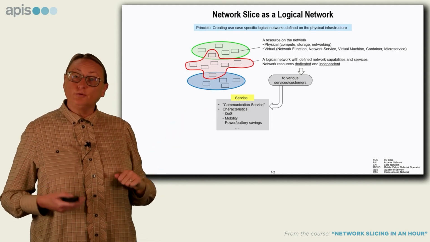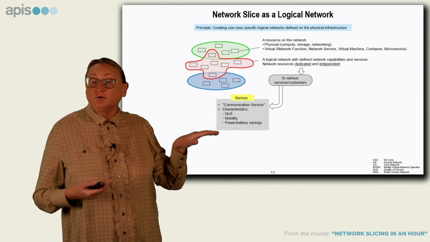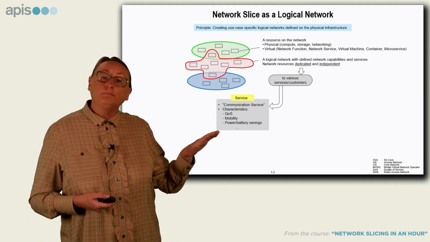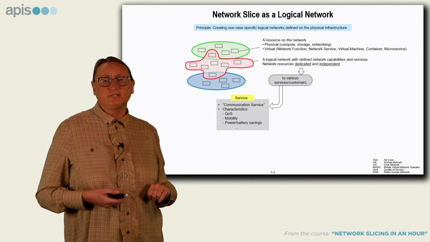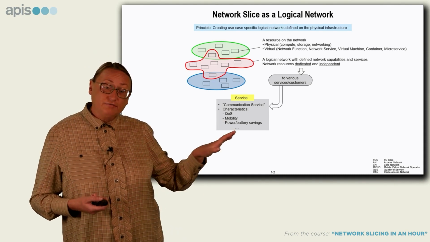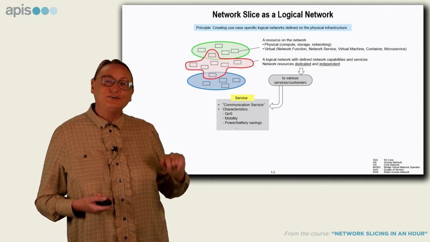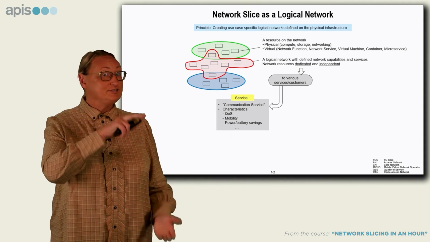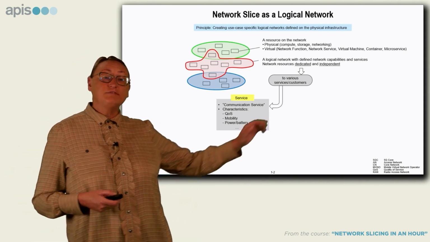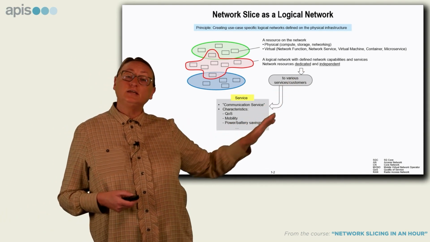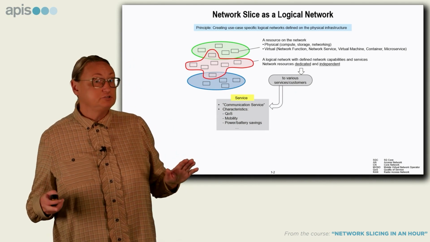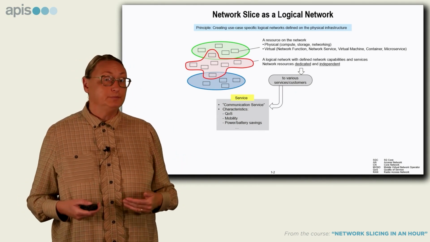For a particular communication service, we will define the characteristics: quality of service, mobility, power saving mode, battery saving, these kinds of things. There are 3 dots over here, because a list of characteristics can be really, really long. So you can have resources that are dedicated to a particular service or application.